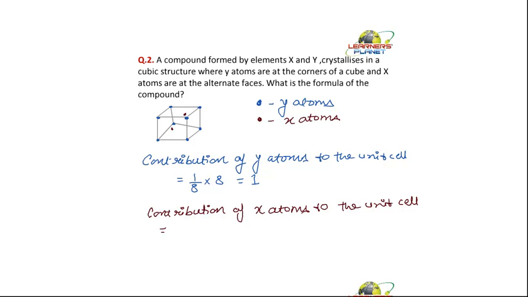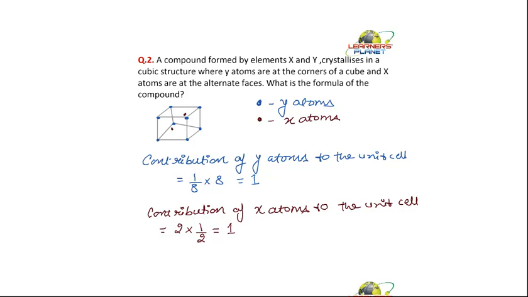Now that is equal to, these two faces, that is one at the back and one at the front, will be shared by two other cubes. So it would be 2 into 1 by 2, and that gives 1.